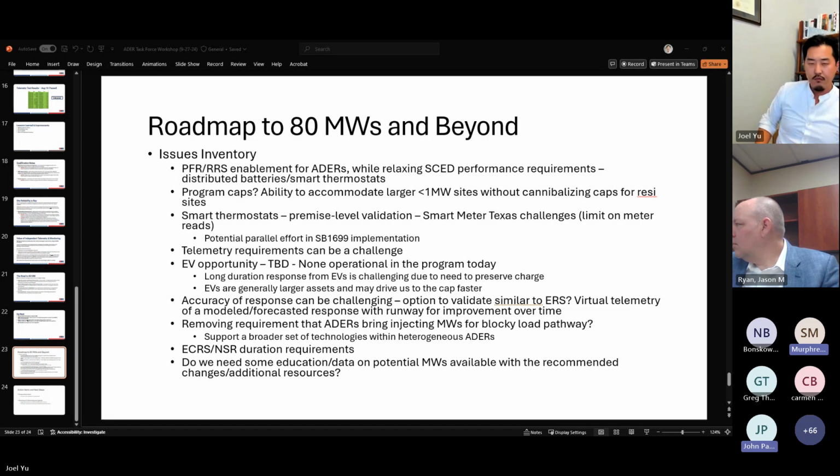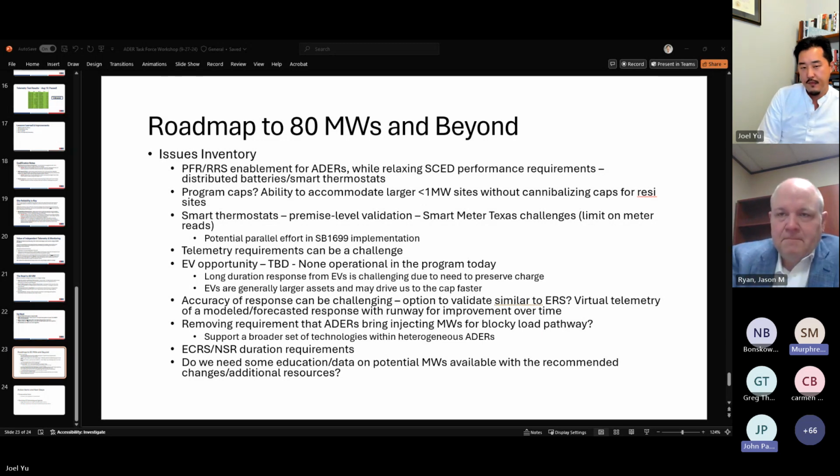But the bigger point is that we built it without any of this list here. We built it under the current ERCOT rules and protocols. And so I do think we would have been doing it anyways. And just wanted to recognize that, yeah, there's work going on outside of this task force, and I think we will get there.